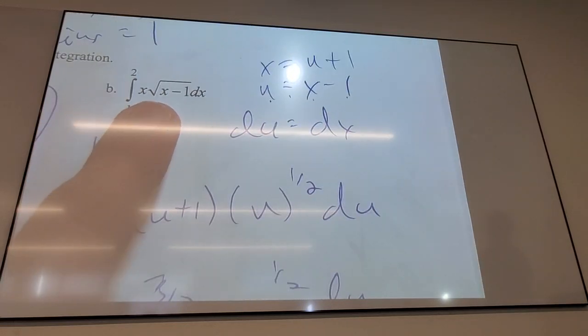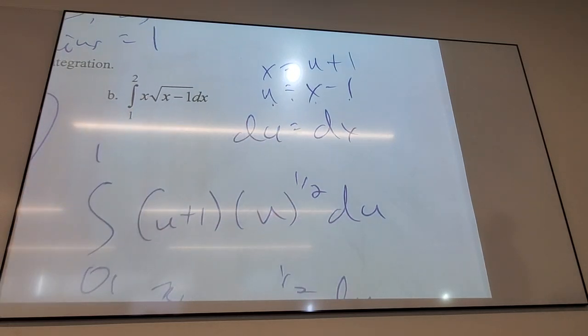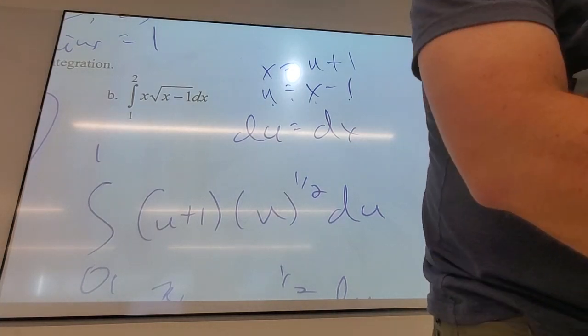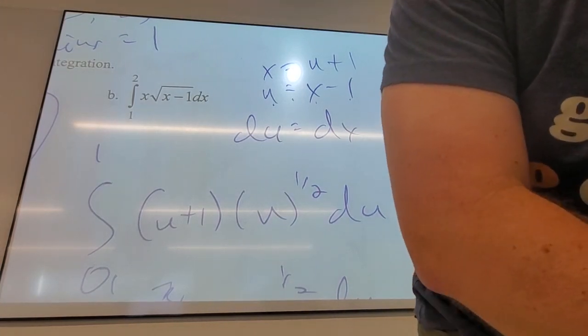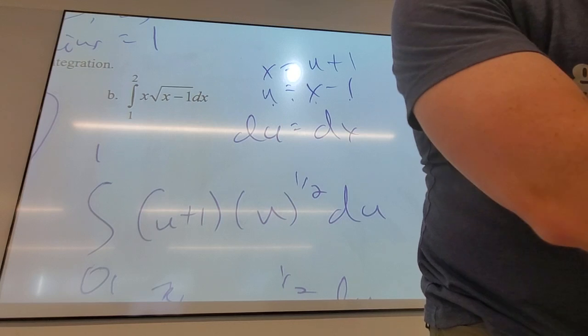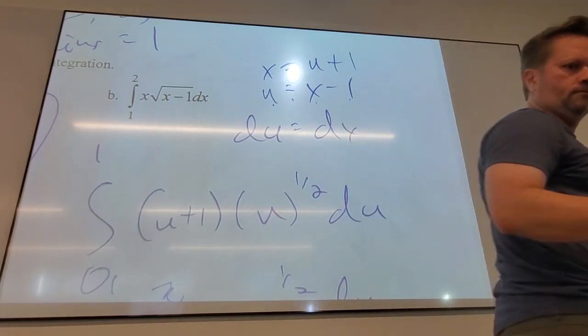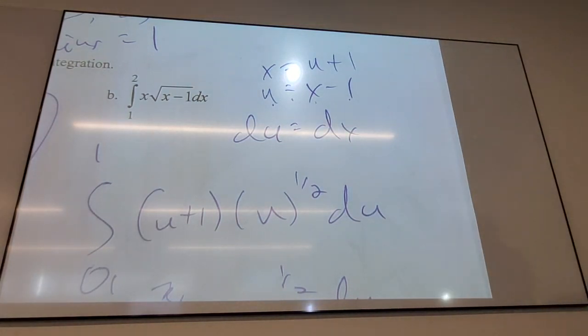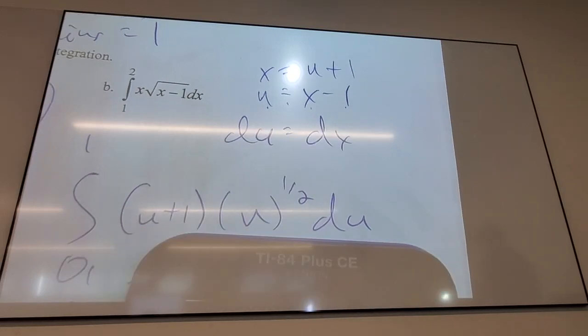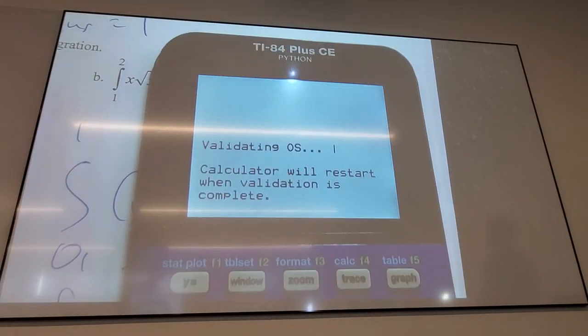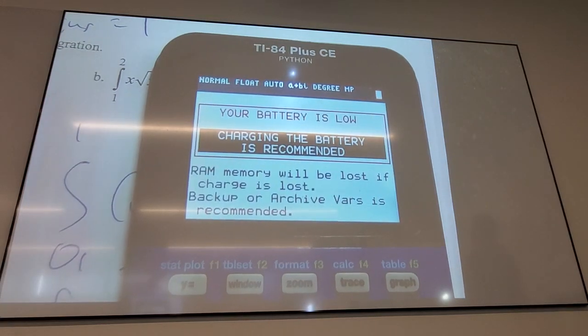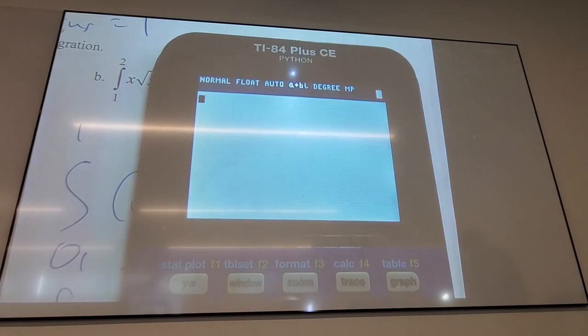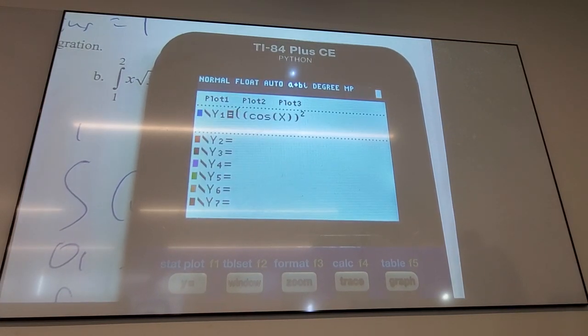Well, you can put this into the graph, and you can do second calc number 7, integral. So just very quickly, let's see if I can do this.